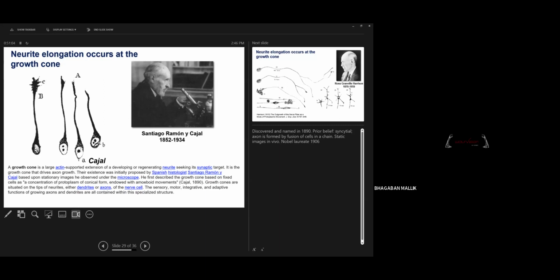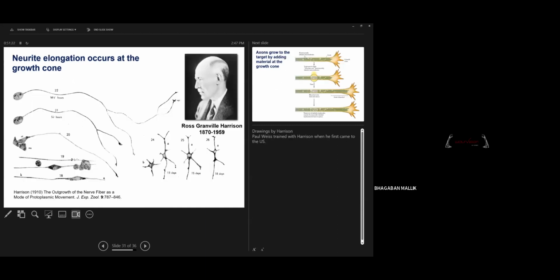contact another neuron. This work was initially done by Cajal, and he found that the tip of the neurite is enriched with actin-rich structure, helping in the growth of the neuron. Okay, so here it shows different developmental stages of the neuron, showing how the neurite grows to form the axon.